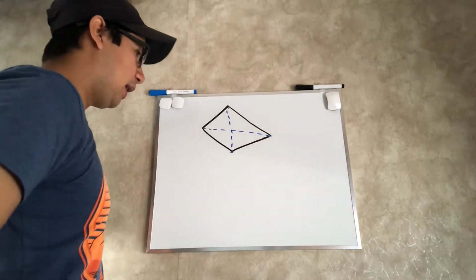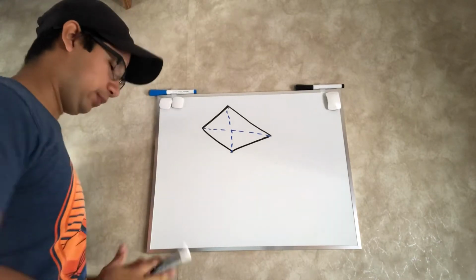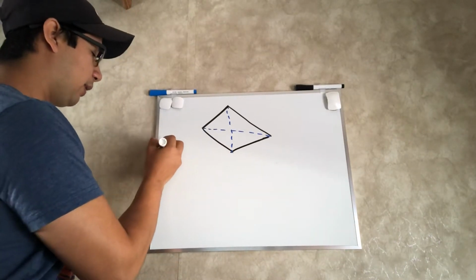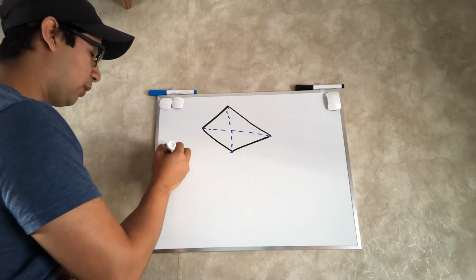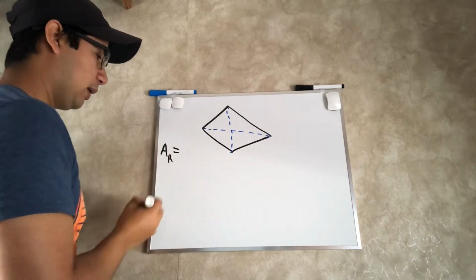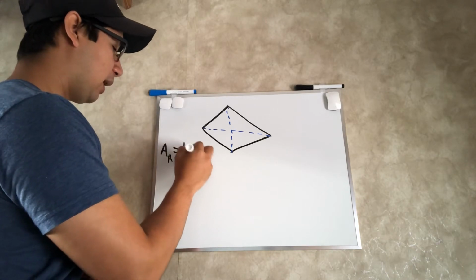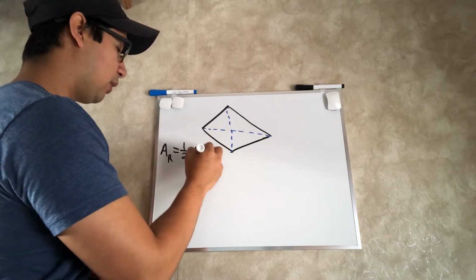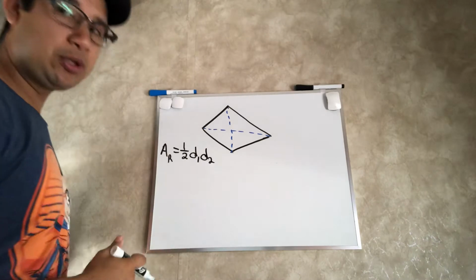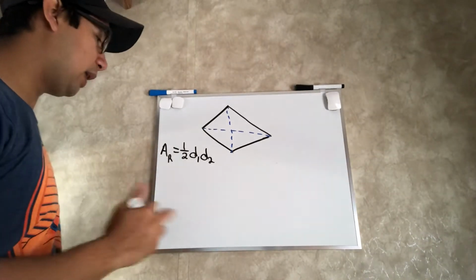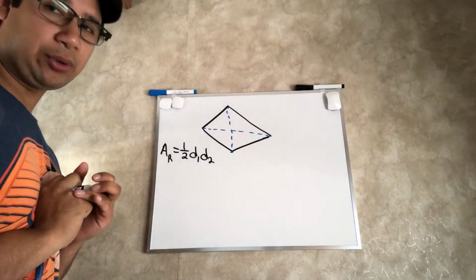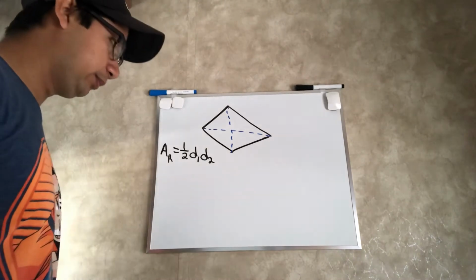Okay, and the area of a rhombus is going to be 1/2 times your diagonal 1 times your diagonal 2. So you're going to multiply the first and the second diagonal and then multiply it by 1/2 or divide it by 2. Okay.